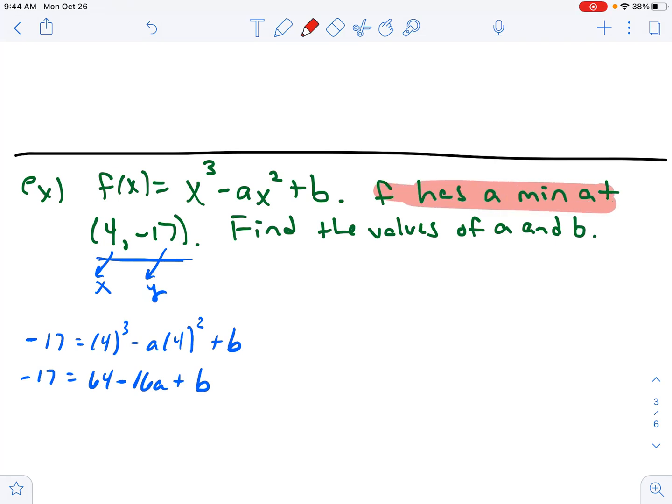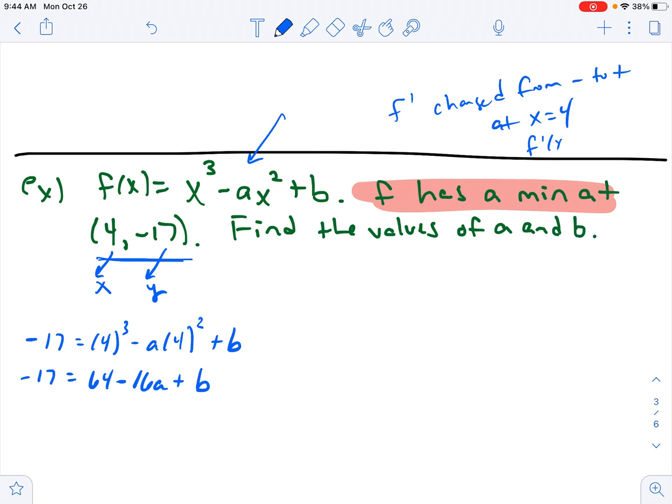So the next is to really understand, well, what does it mean if this function has a minimum? Well, since this is a polynomial, it meant that f prime must have changed from negative to positive at that x value of 4. And what does it mean if this polynomial changed signs from negative to positive?